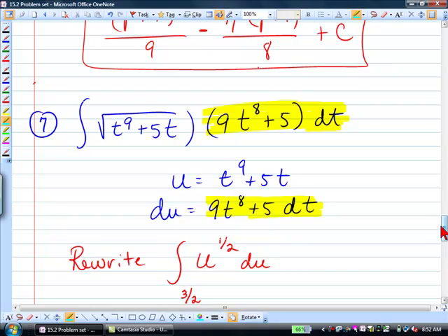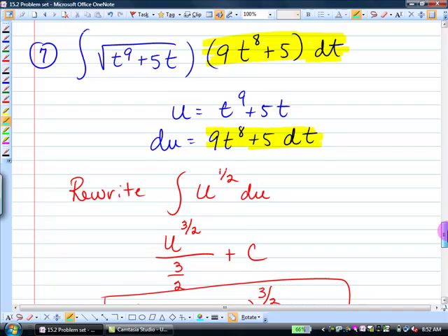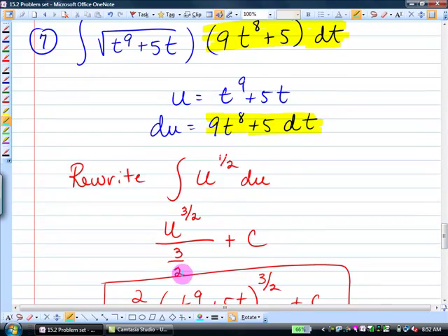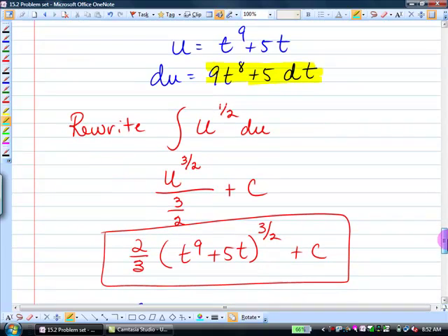You're going to add 1 to it and divide by that same number. So what's that going to be? U to the 3/2 over 3/2. And whenever you're dividing by 3/2, you'll get real familiar. You flip that. So you're going to have 2/3 u to the 3/2. And when you plug back in, that's what it looks like.